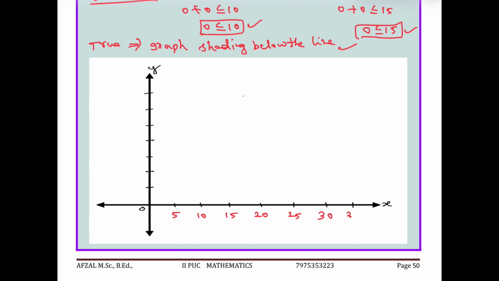Next, 12th question. The value of lambda for which the vectors are collinear. If two vectors are collinear, means A equal to lambda times of B. That means 2 divided by minus 4 equals to minus 3 divided by lambda equals to 4 divided by minus 8. Ratios we are comparing. 2 ones are, 2 twos are, that is 1 by minus 2 equals to minus 3 by lambda. 4 ones are, 4 twos are, 1 by minus 2.